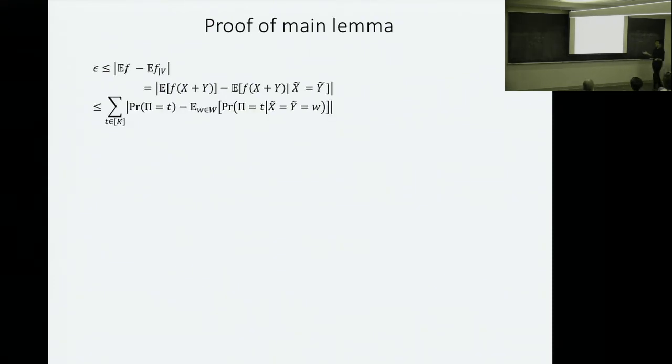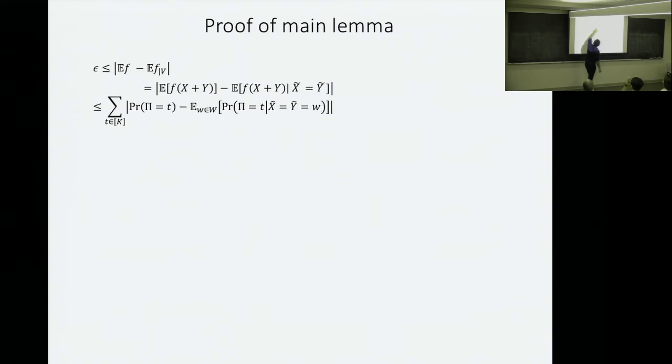Just to rewrite this average, it is basically the sum over the rectangles, the ones that get value 1, but I really don't care, I just sum over all the rectangles. So the probability of pi equals t is just the measure of the specific rectangle t. And I look at the difference of this measure with this value, which is just the average over w of this quotient.